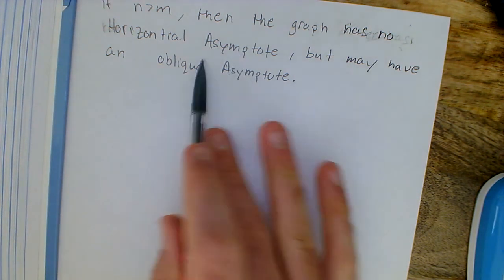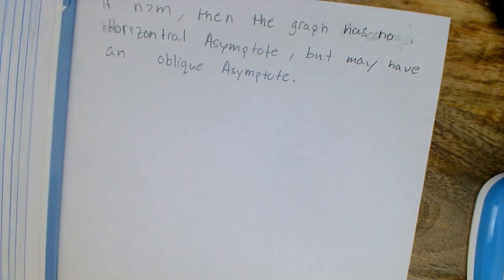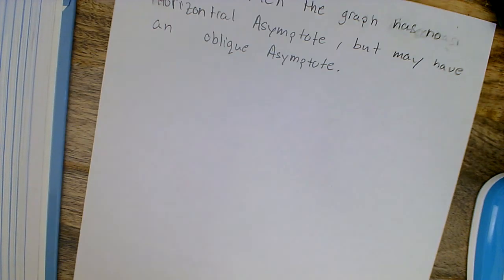Sorry, I'm changing this a little bit. And we'll talk about that a little later. But right now you just have to be concerned that it has no horizontal asymptote.